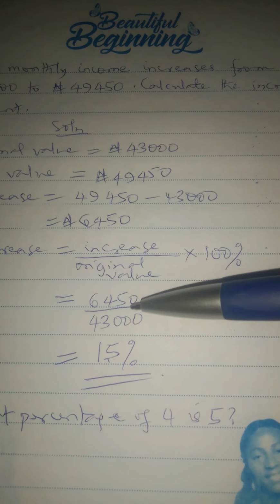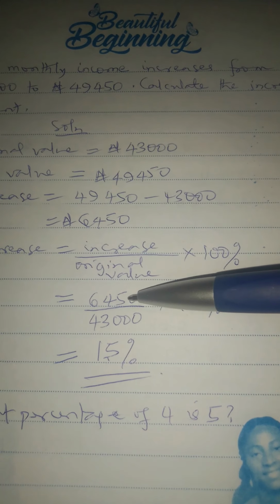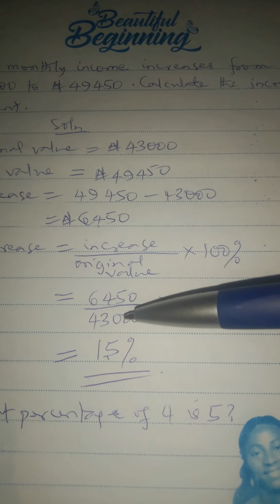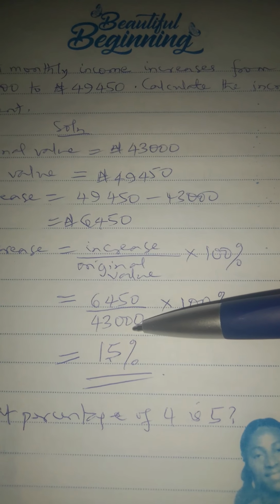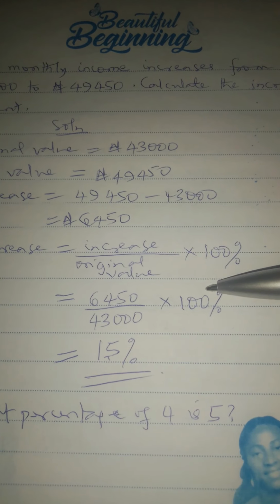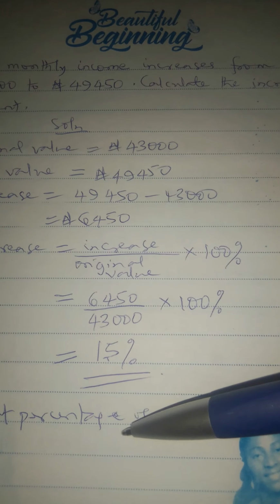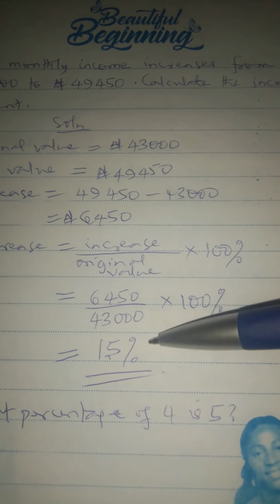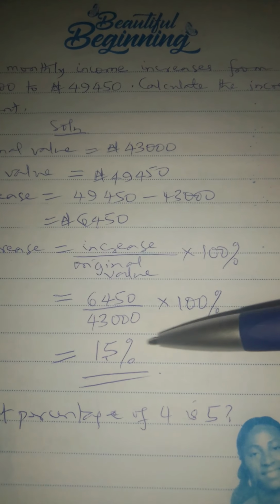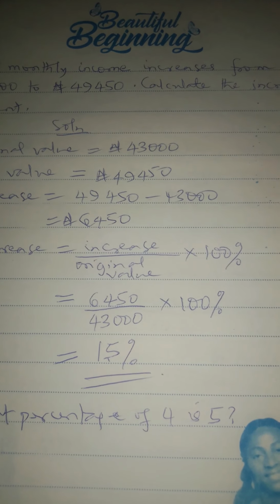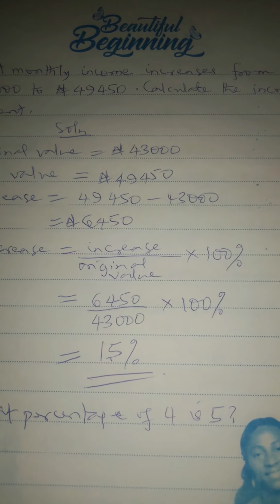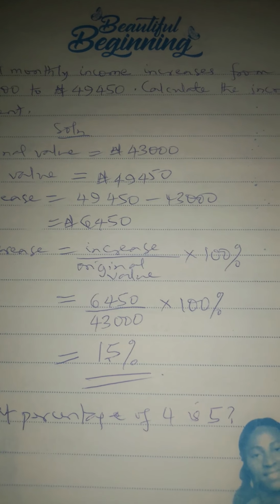You put in your values. Replace the increase with this, the original value 43,000, times 100%. And that gives 15%. This is the percentage increase of the monthly income.